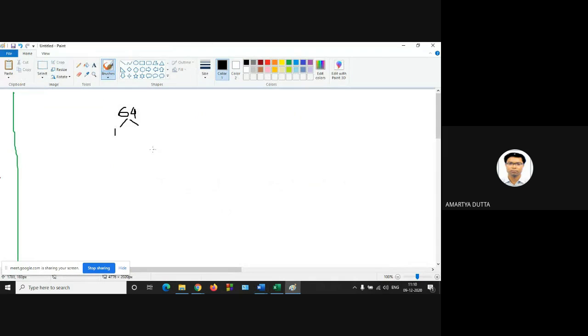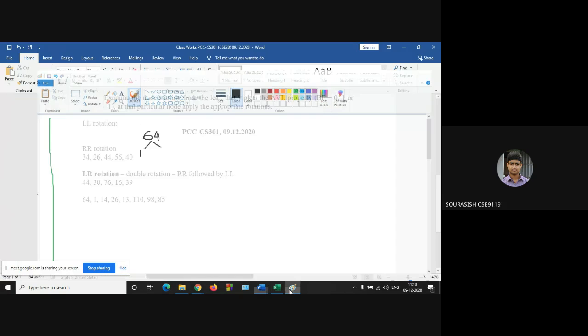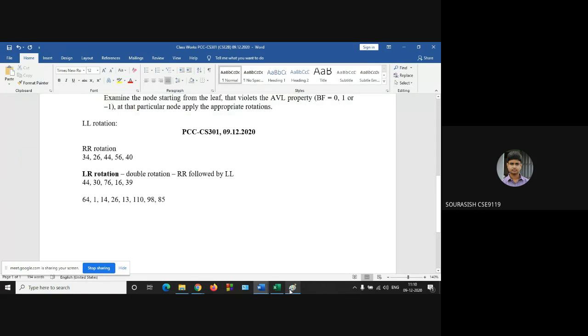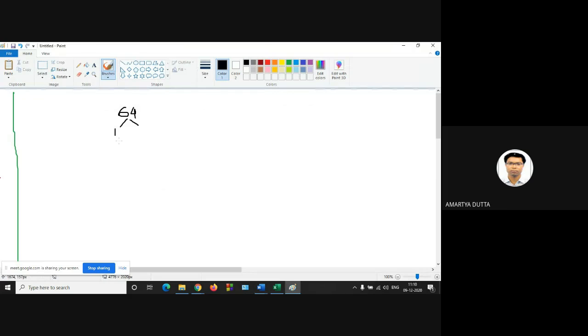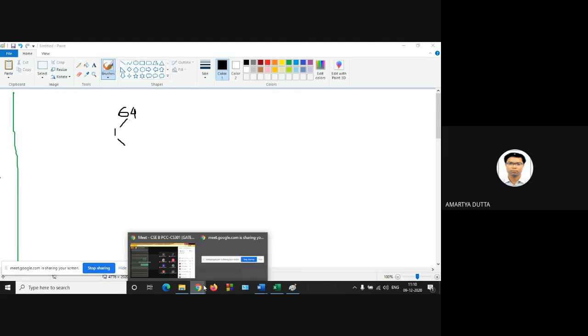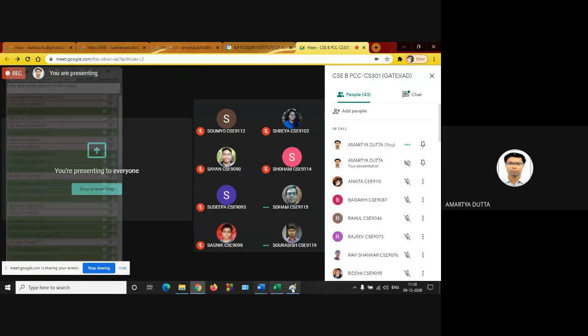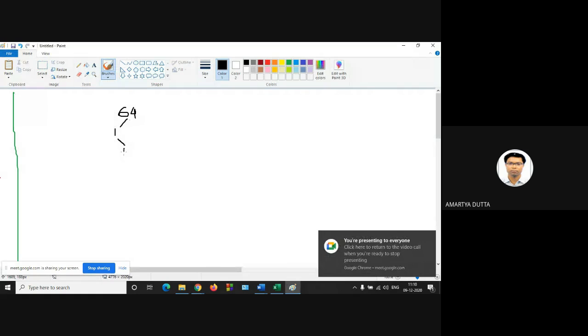Then the right child of 1 will be 14. Now is it balanced or not?